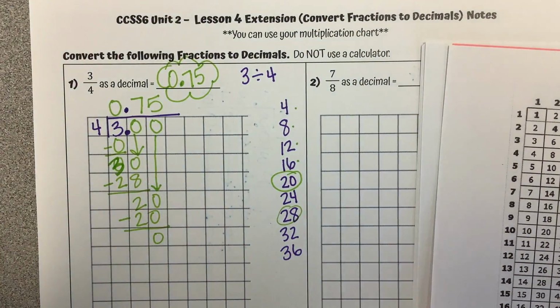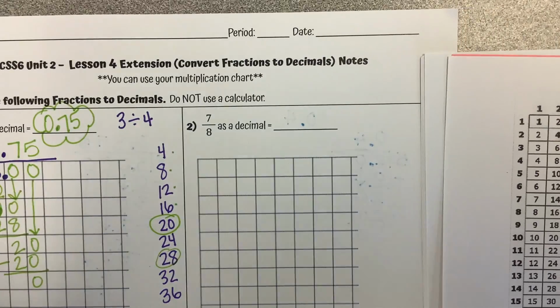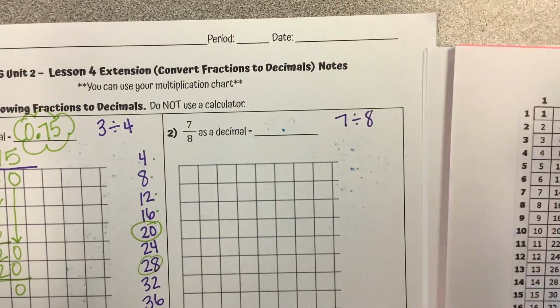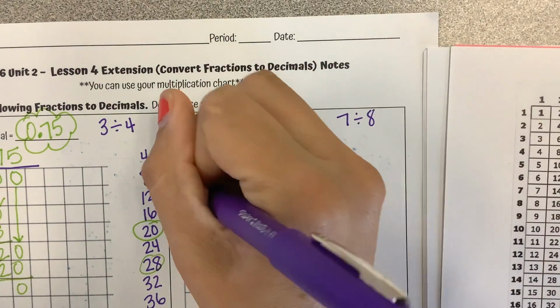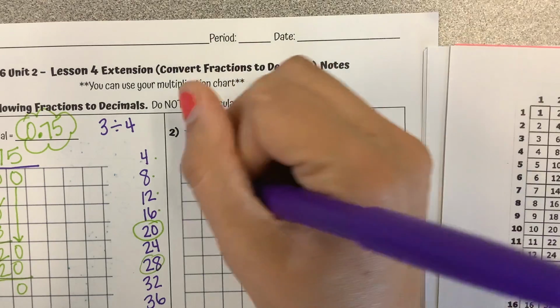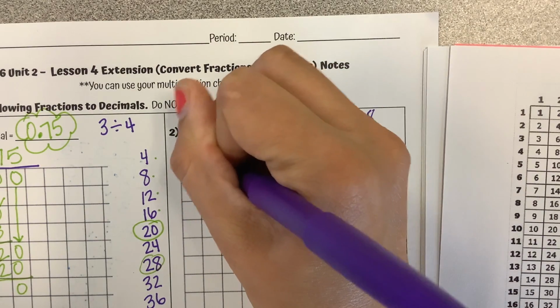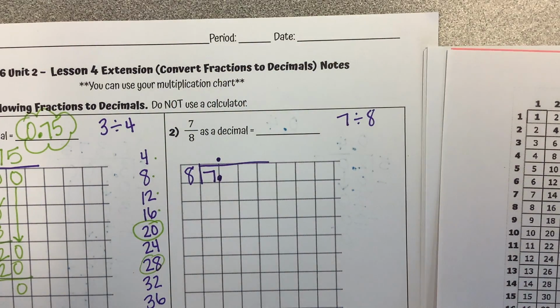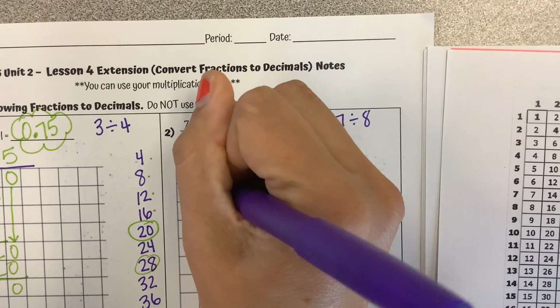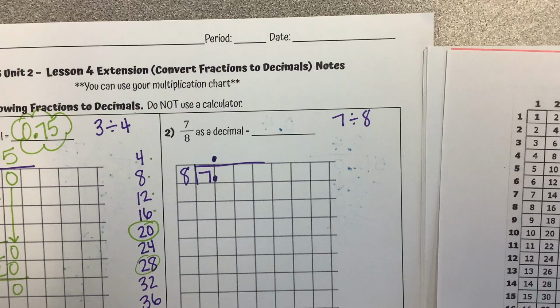Let's try another one. 7/8 as a decimal. So reminder, that means 7 divided by 8. So 8's going to go on the outside, 7's going to go on the inside. I'm adding a decimal both inside here and in our quotient.